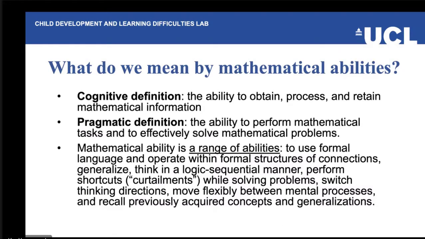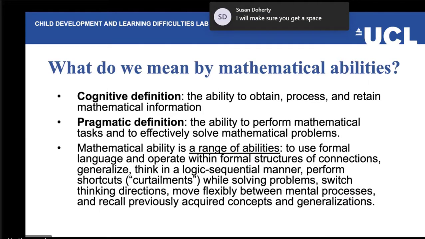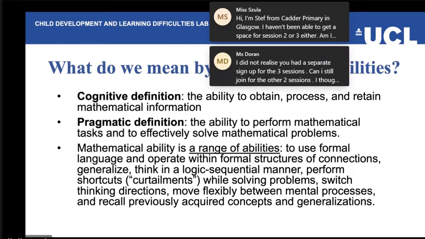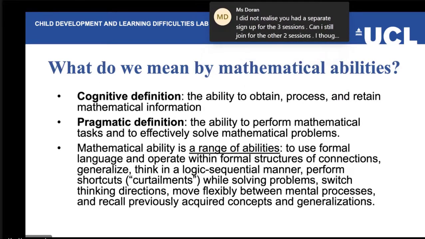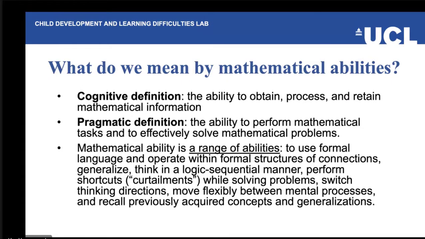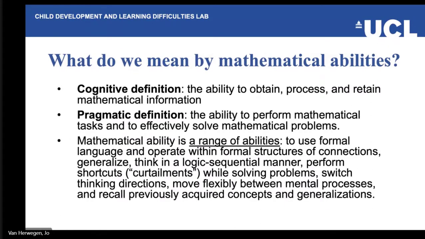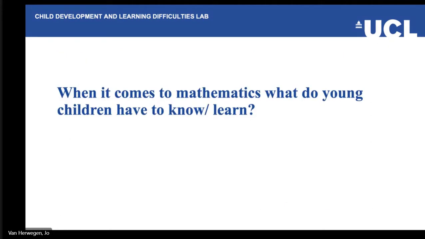In another case, it might be 2 spoons full of sugar. And so basically, there's a high level of abstraction that is required when we talk about mathematical ability, and that abstraction or that logical sequential manner of generalizing is required for solving any problems. And I think that's what makes mathematical abilities really difficult for young children to learn.